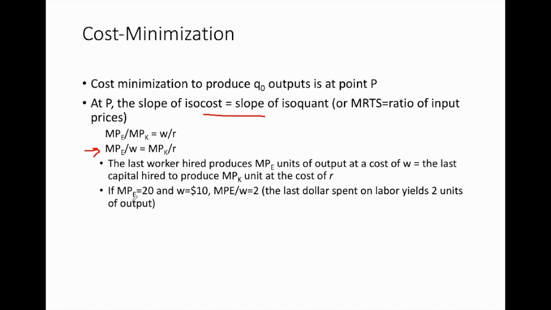Therefore, if the marginal product of worker is equal to 20 and the wage rate is 10, this will give us 2. That means the last dollar spent on labor yields 2 units of output. So this is another way we can re-express the position of the tangential point as indicated in the diagram earlier.